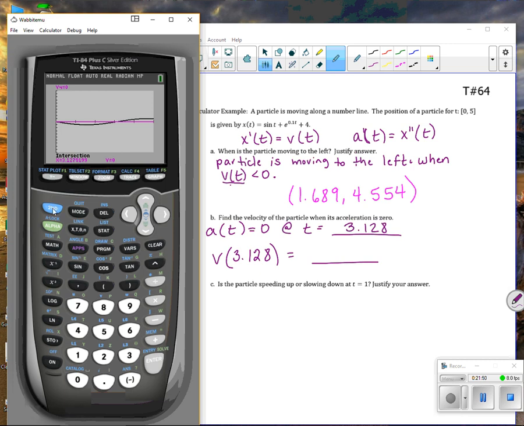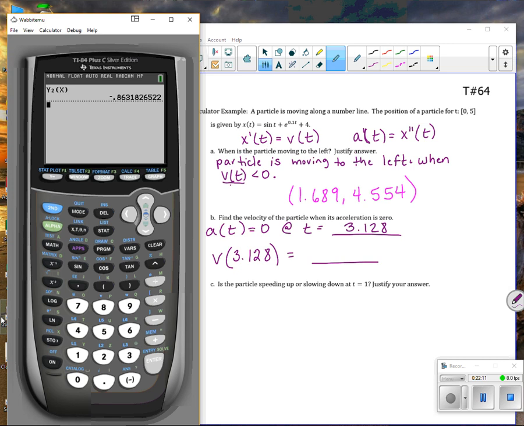So I'm just going to go to my home screen. Remember how I kept y2 in there and y2 was the velocity? I'm going to hit alpha trace. I'm going to pull up y2 and say, you know what? Evaluate y2 at x and hit enter, and the calculator is going to do it for me.